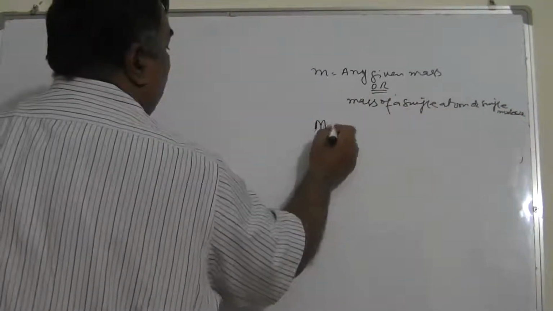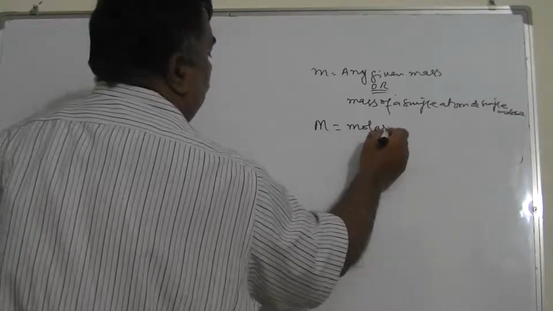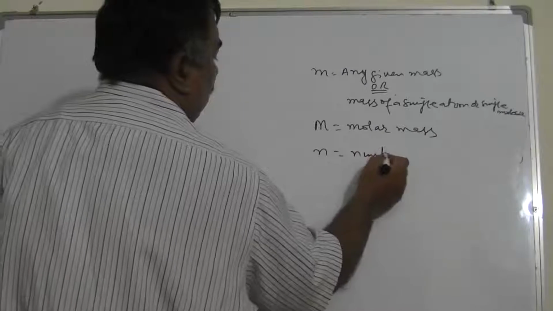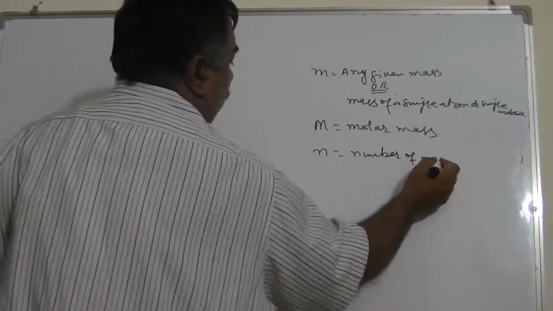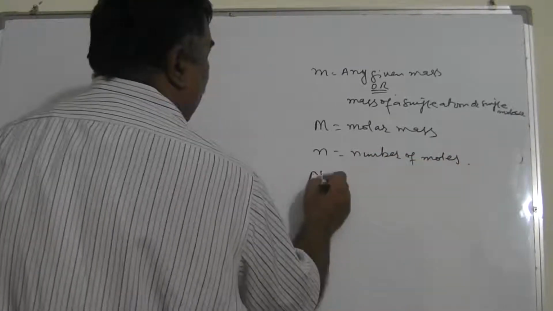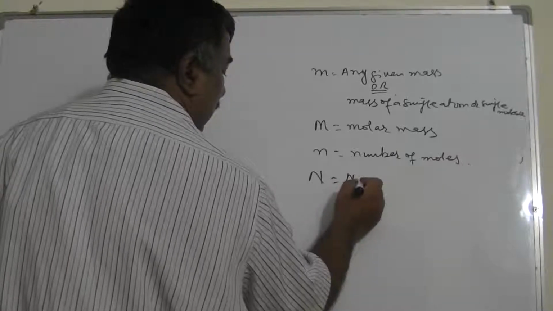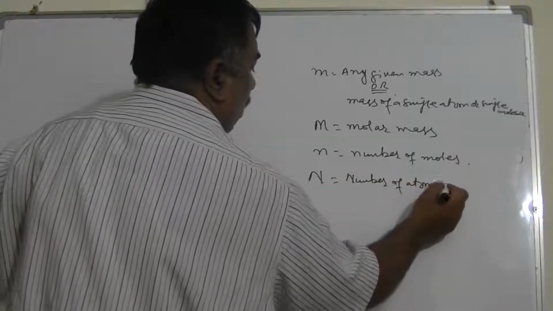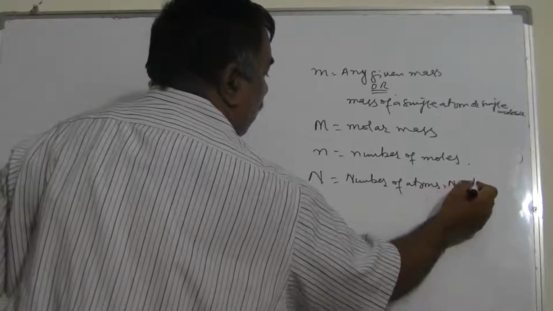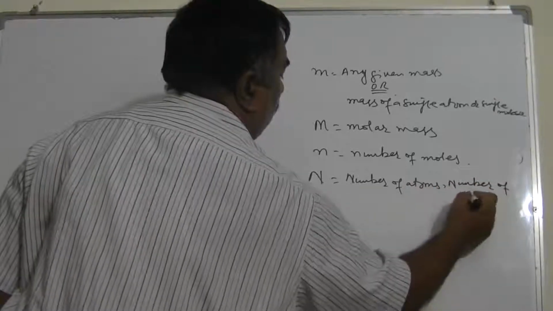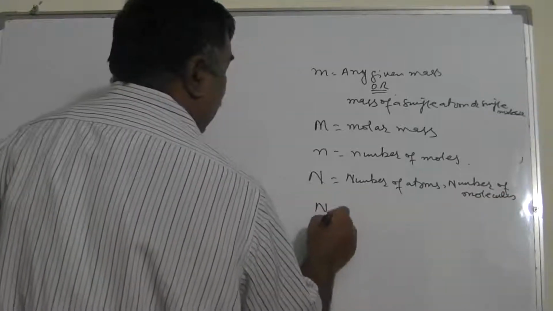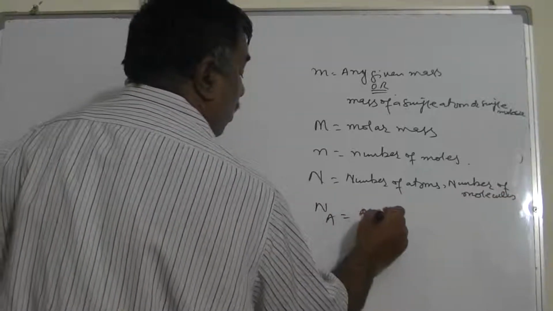Capital M is molar mass, small n is the number of moles, capital N is the number of atoms or number of molecules, and Na is Avogadro's number.